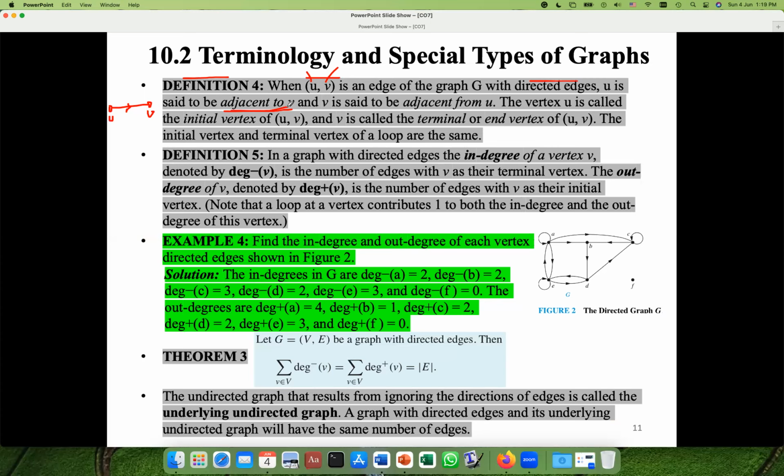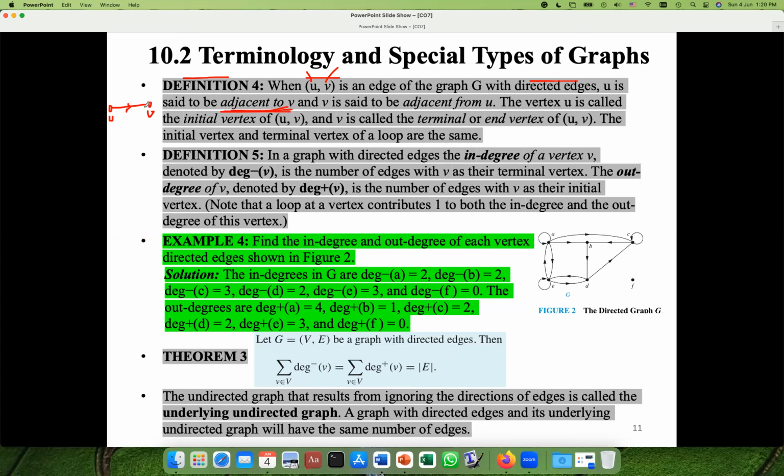If it is written there that U is said to be adjacent to V, then it means you are going from U to V, so your direction is from U to V. And how do you represent adjacency from V to U in the opposite direction?